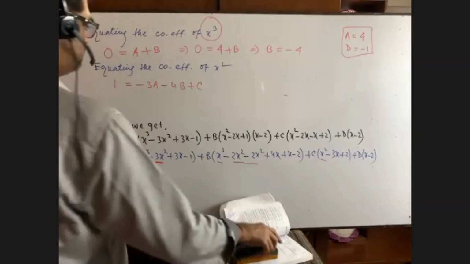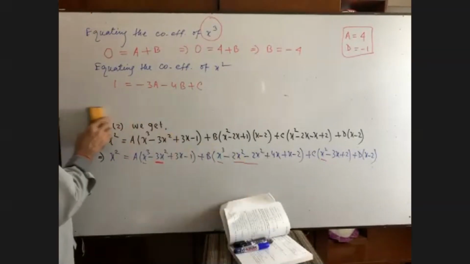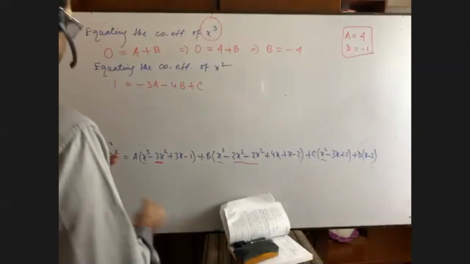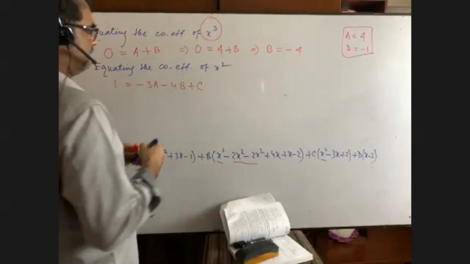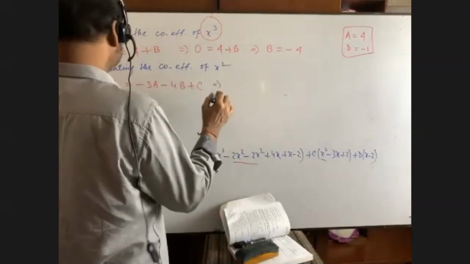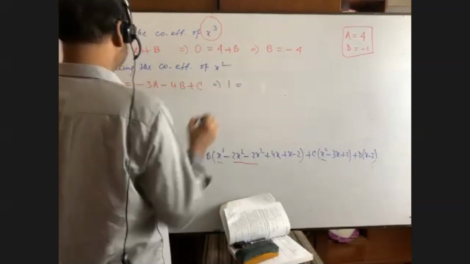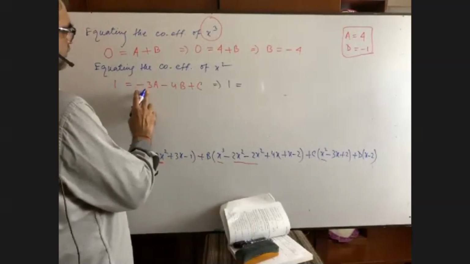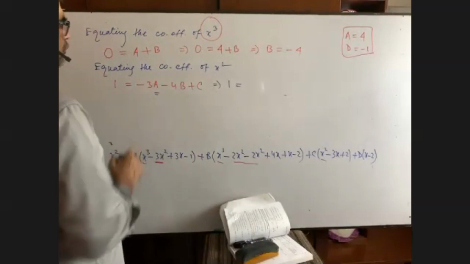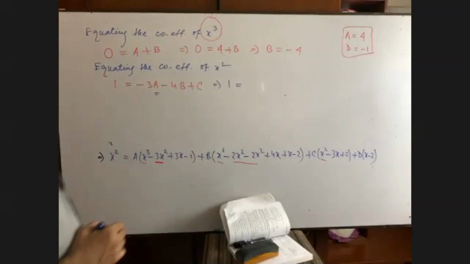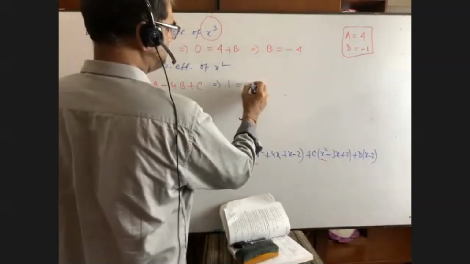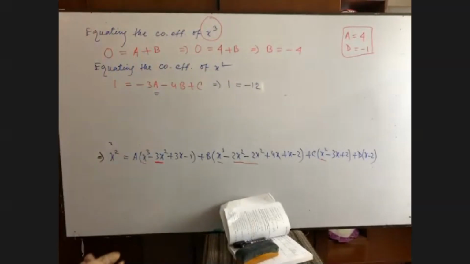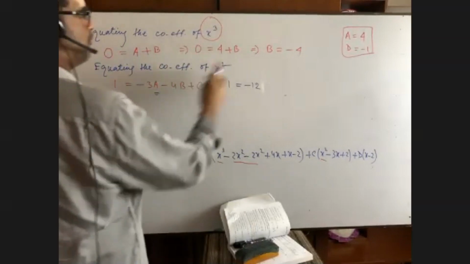Now you try to put the values of A, B, C. That means we are getting here, implies that 1 is equal to, what is the value of A? Value of A is 4. The minus 3 into 4, that is minus 12. Okay. What is the value of B? B is minus 4.